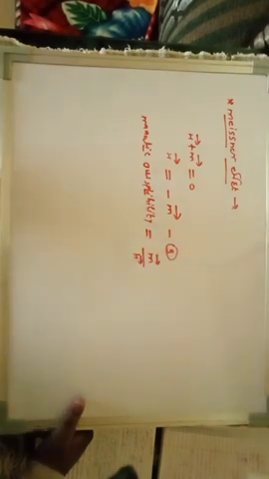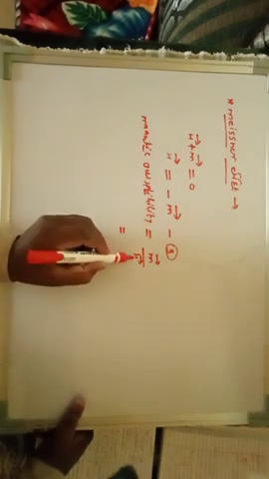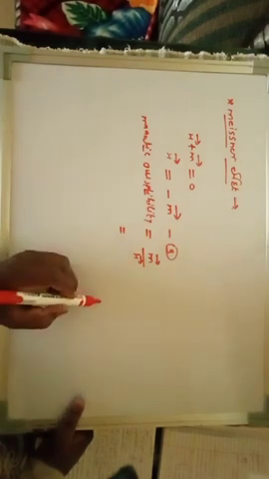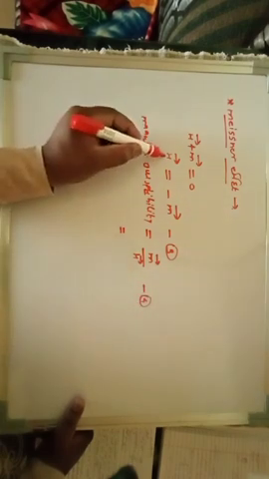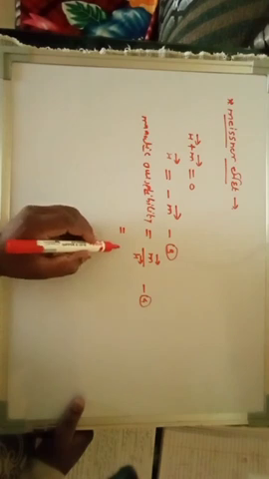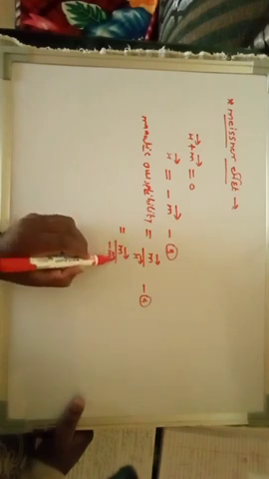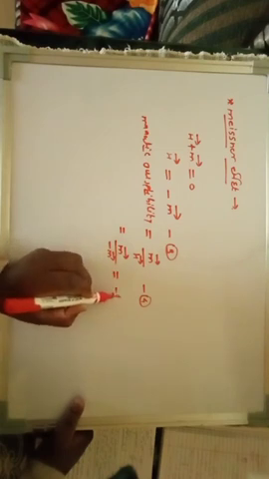Let us consider this as equation 4, and substitute the value of H vector from equation 3. What you get is M vector upon minus M vector, which is equal to minus 1.